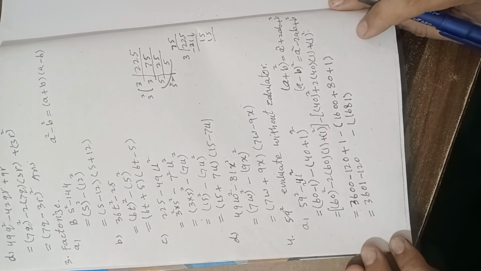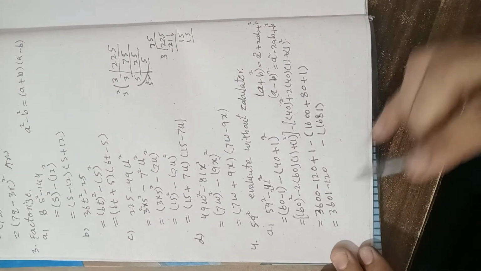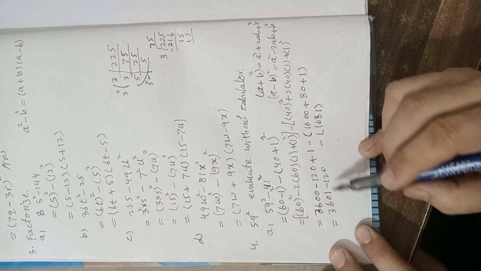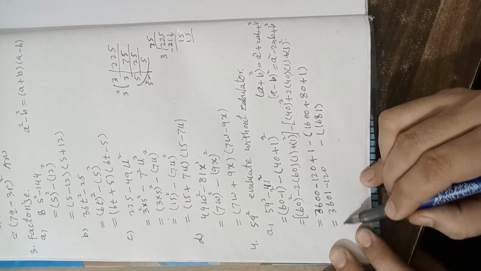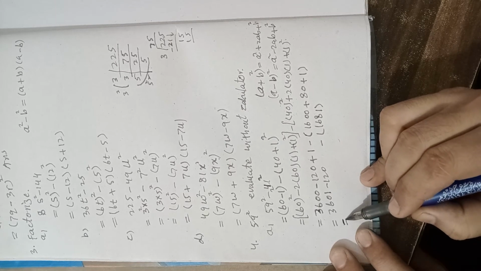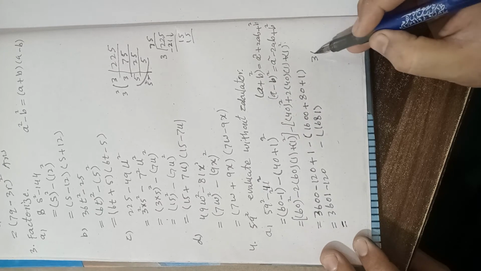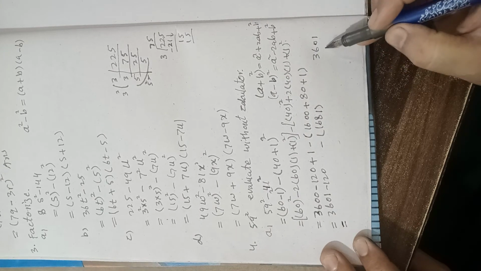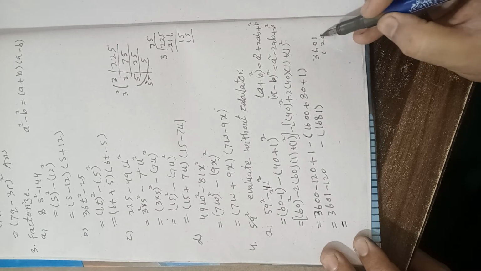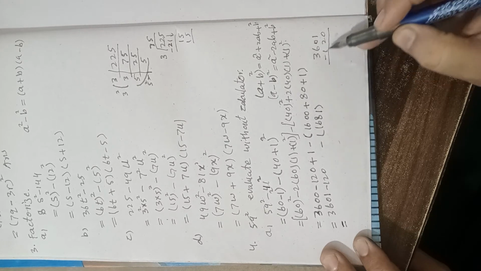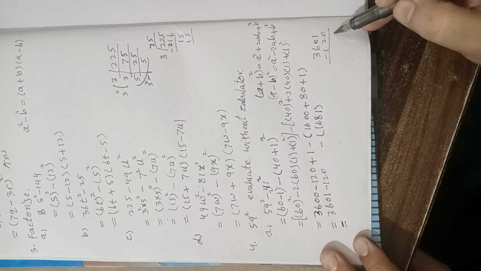Now subtract 120 from this one. Verbally you can subtract, but you can subtract here. Actually 3601 minus 120. From 1 when 0 is subtracted, it becomes 1.